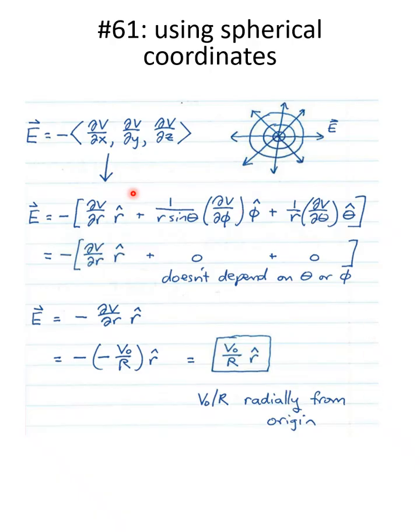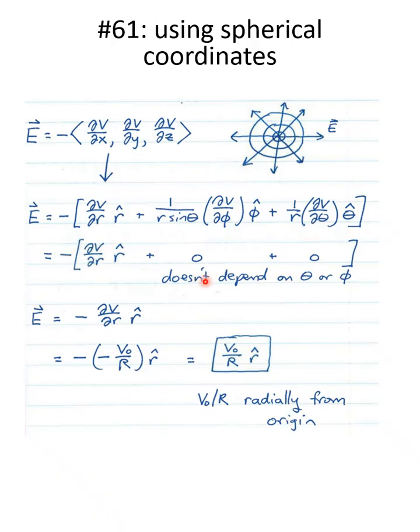What we have to do first is convert all of these x, y, and z components to spherical coordinates. And so here I've converted it to the r hat vector, the phi hat vector, and the theta hat vector. And so when we do each of those three derivatives, we do the derivative of voltage with respect to r in the r hat direction. It doesn't depend on phi or theta, and so those derivatives just go to 0.